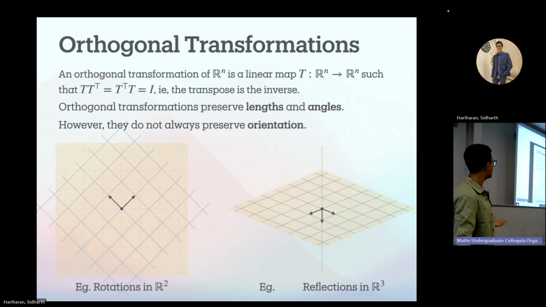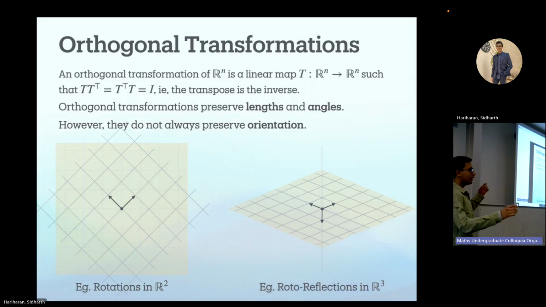There's another interesting class of orthogonal transformations in R3, which is rotoreflections, which are essentially where you have a rotation on one plane, but a reflection everywhere else. So this is also valid. This is just to give you an idea of what these orthogonal transformations look like.